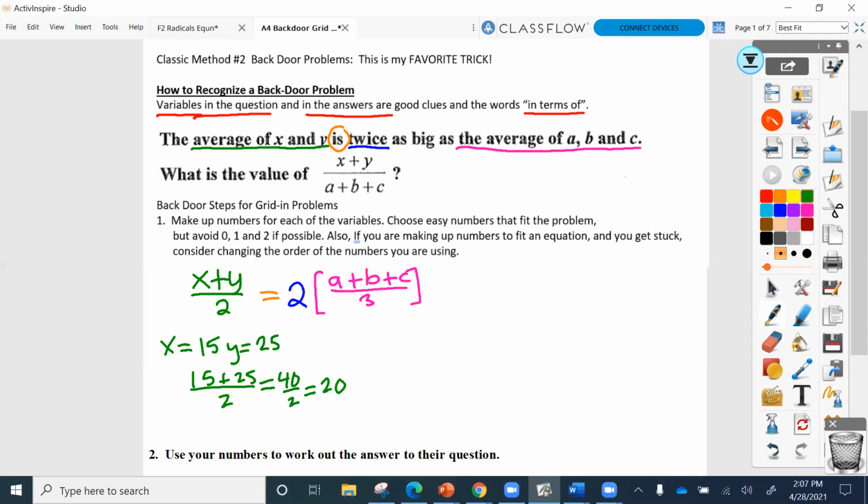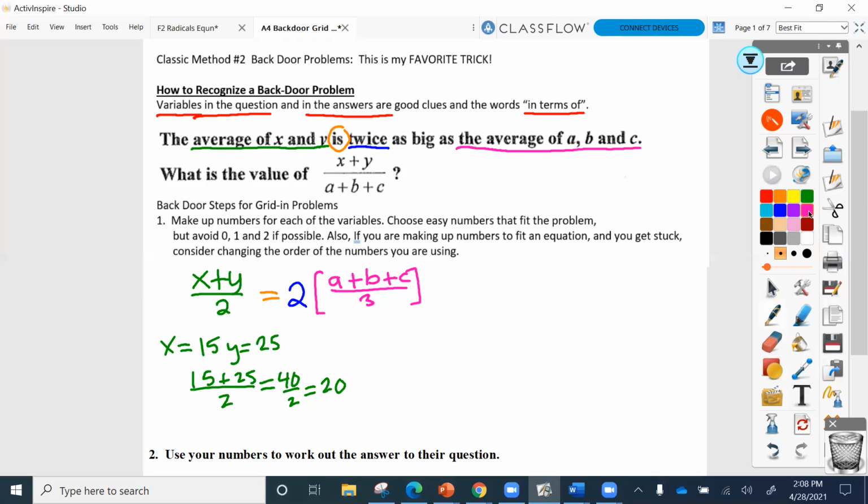So now we want the average of A, B, and C to be twice as much as the average of X and Y, right? The average of X and Y is 20, so we need the average of A, B, and C to be 40.